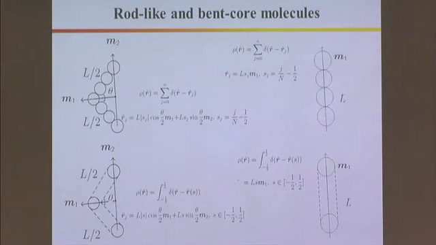Another way is to use the molecule directly, which means you use an integral. The molecule is like a rod. For the bond Q, you use this way. This formula could be used for any shape of molecule, but for a different shape, the dimension is different.